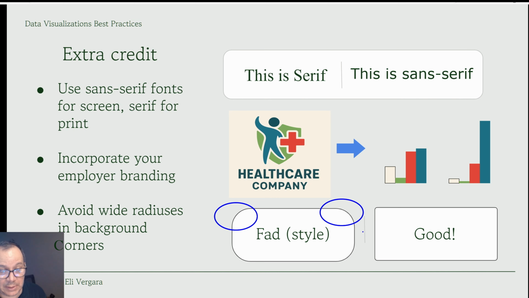Now they have their place. This is a style. If you're creating a modern visualization, like an infographic with very cartoonish characters, with very bright colors, yeah, this is something that you can use. This right here is a style, but these radiuses are distracting.